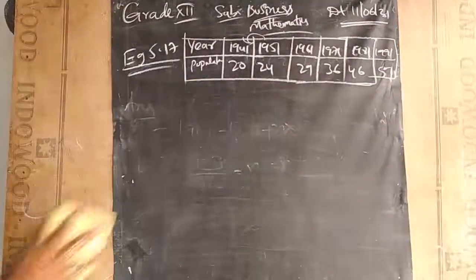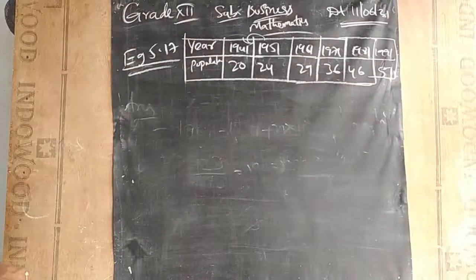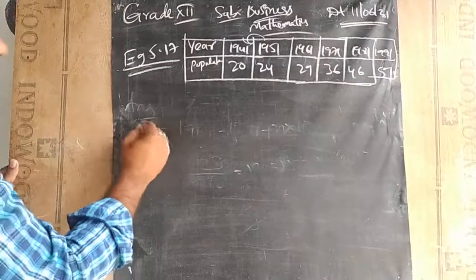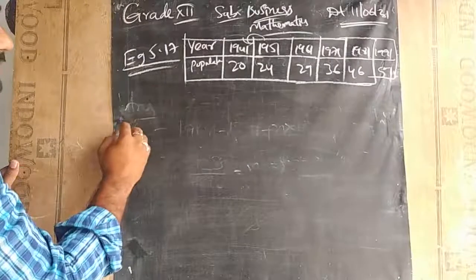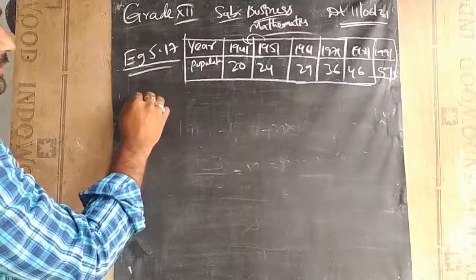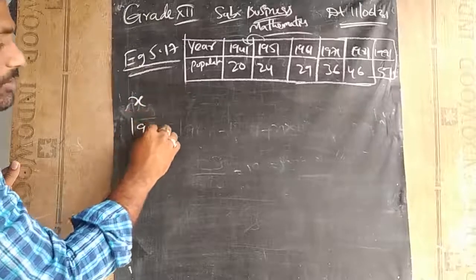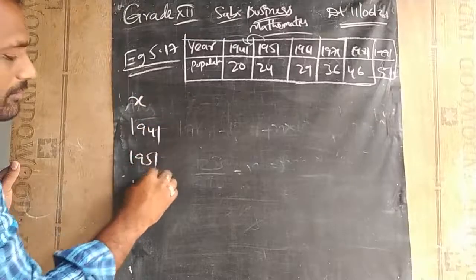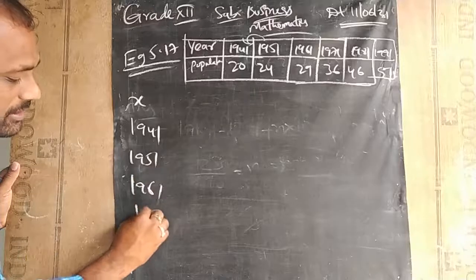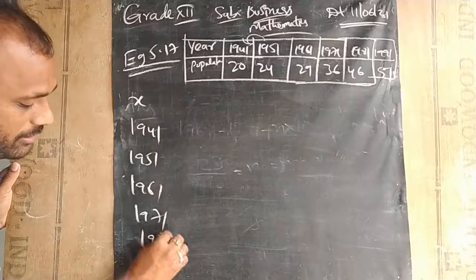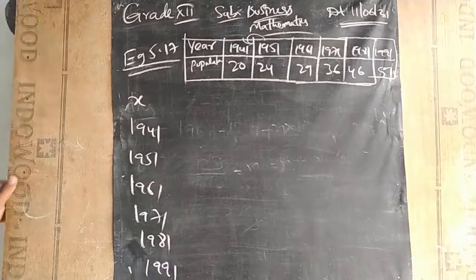Now let us write the formula. First let us draw the forward difference table. Let us take year as x, which is 1941, 1951, 61, 71, 81, and 91.